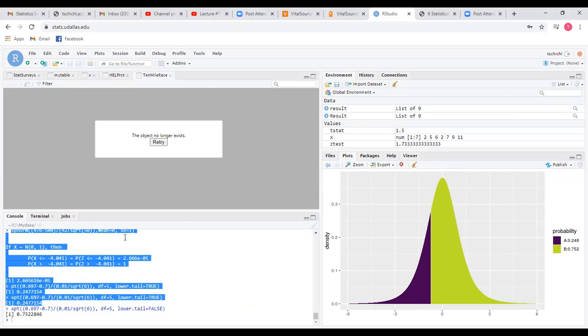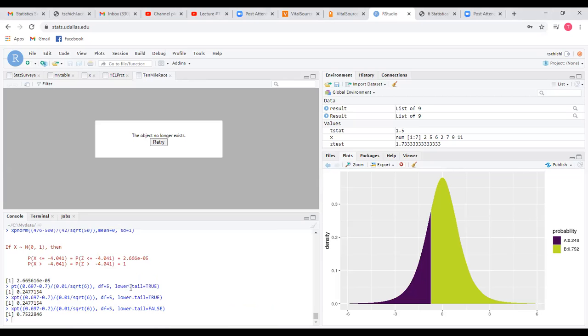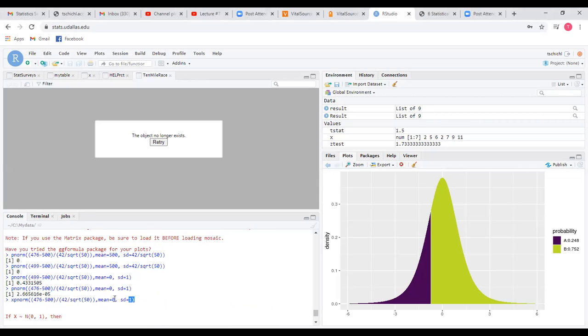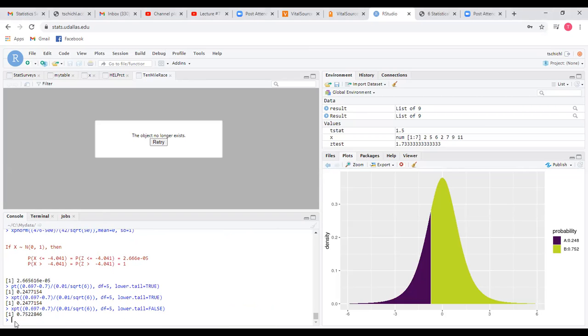Hold on. So you copy it here. You use pnorm, right? So this is 476.